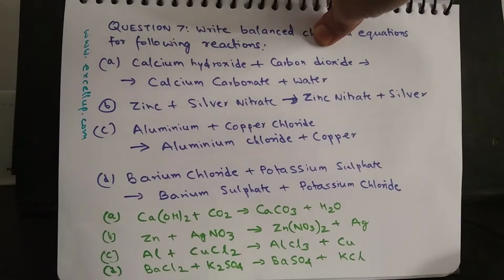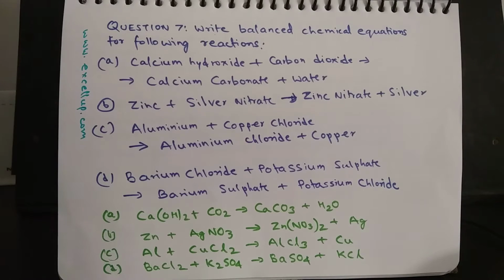Question 7. Write balanced chemical equations for the following reactions. A is calcium hydroxide plus carbon dioxide is equal to calcium carbonate plus water, and the equation is Ca(OH)2 plus CO2 is equal to CaCO3 plus H2O. Let us see whether this is balanced or not.